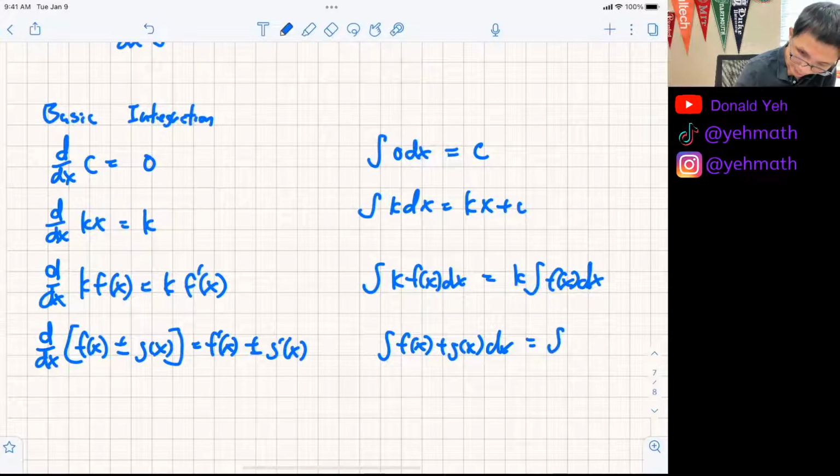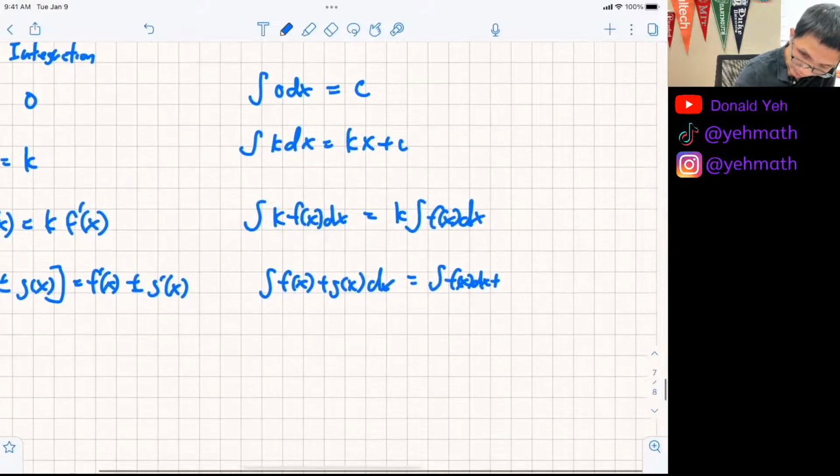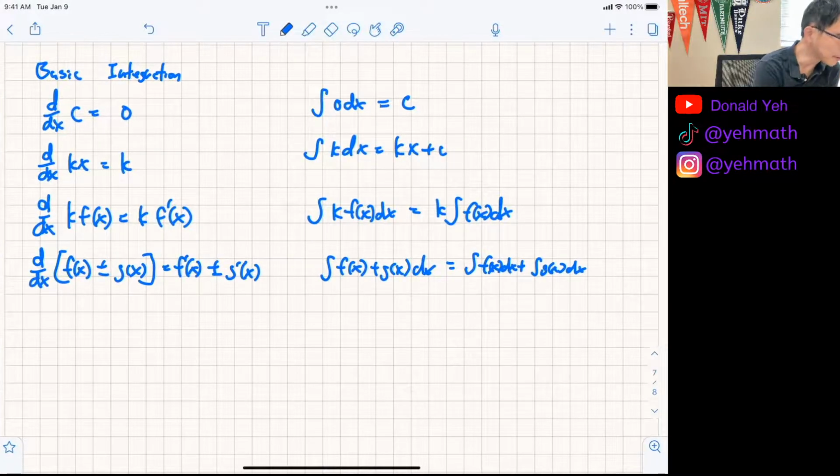Well, that's just going to be split up: the integral of f of x dx plus the integral of g of x dx. That's just basic things. Just splitting is like distributing. You can distribute to the integral, but it's not really called distribution. It's called the sum and difference rules.